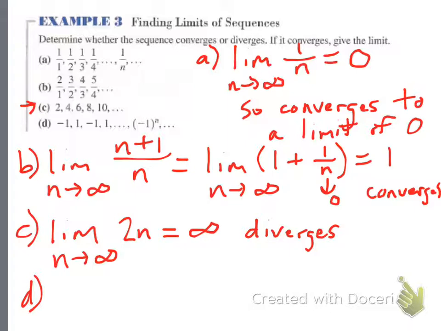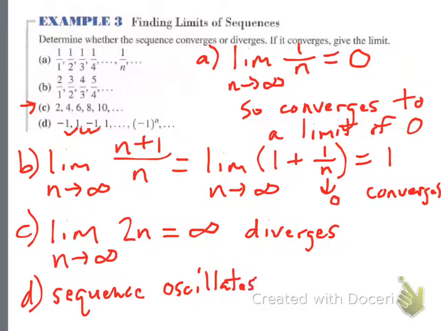Last one. We don't even have to worry about a limit here, because really there's no rule. These terms just alternate from -1 to 1. So we say the sequence oscillates, which is a fancy term for goes back and forth.